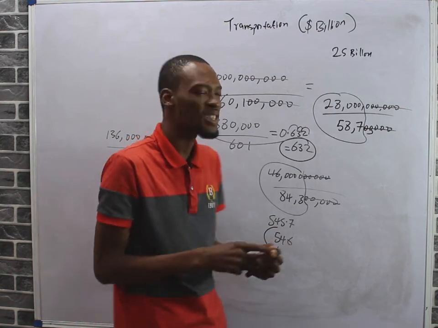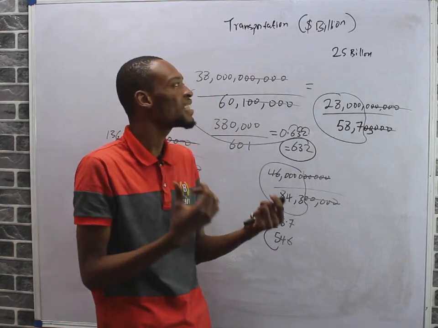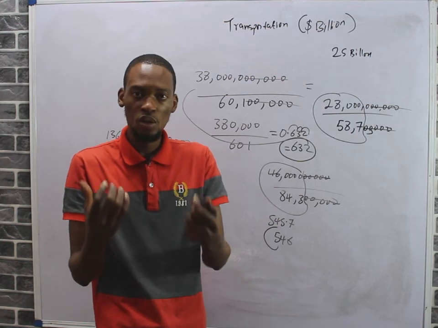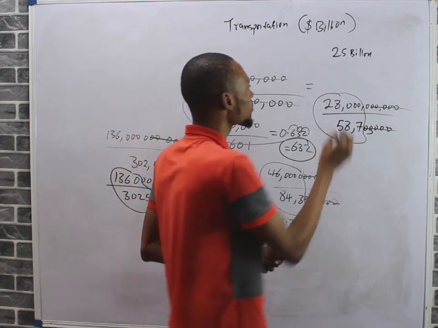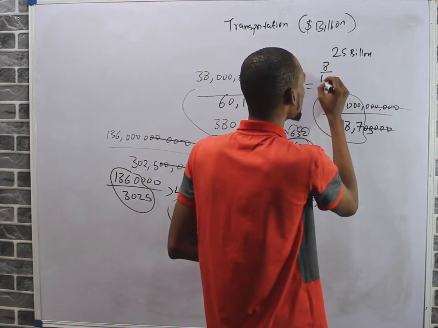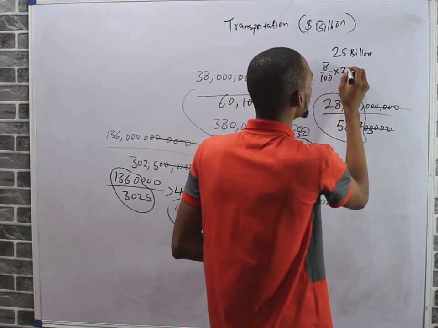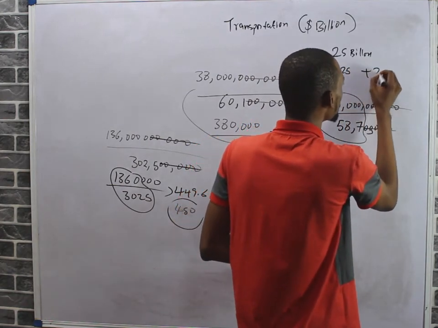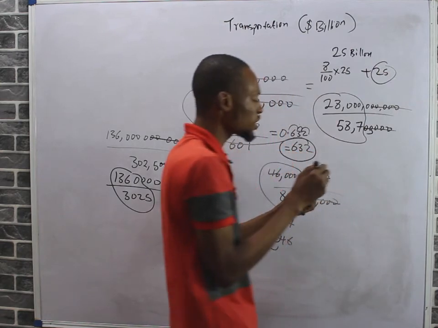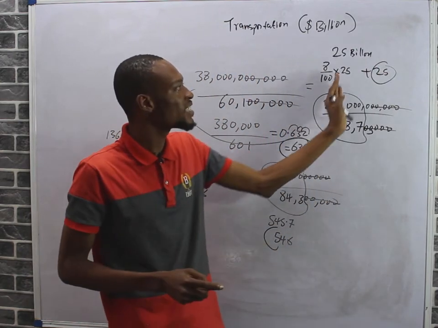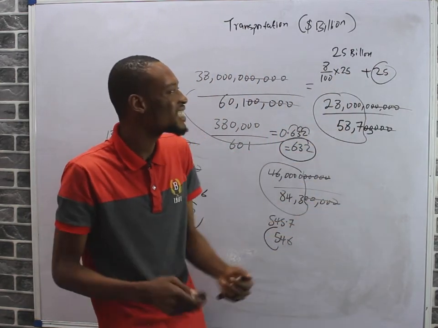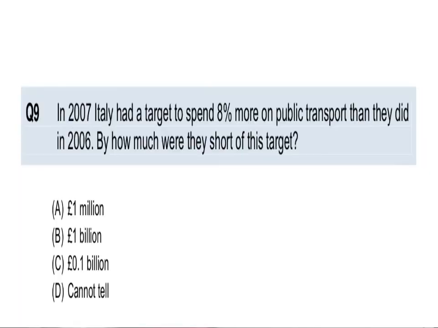Now, the question says they plan to spend 8% more, which means they plan to spend 8 over 100 of 25 billion plus 25 billion. 8% more means we look for 8% of 25 billion, we add it to the 25 billion which they've already spent.